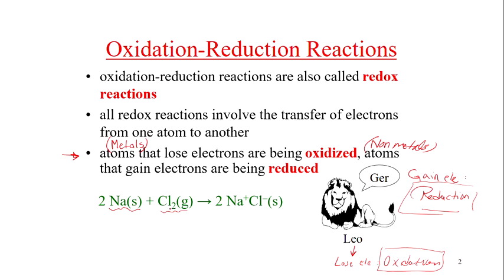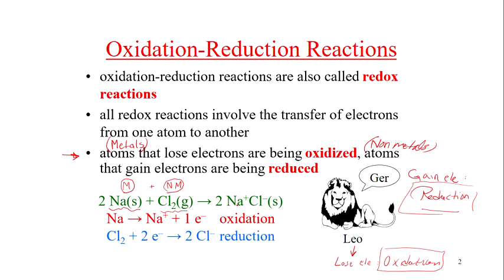This reaction, metal reacts with nonmetal, we call that redox reaction, because during this reaction, the metal is losing electrons, which we cannot see, and the nonmetal is gaining electrons, which we can see. If we work with the definition in the reaction, we may write something like that.